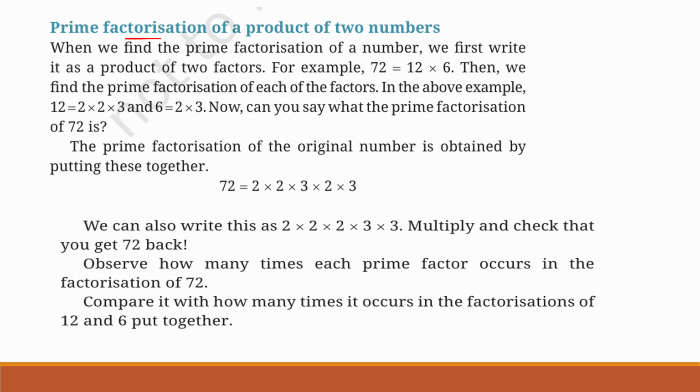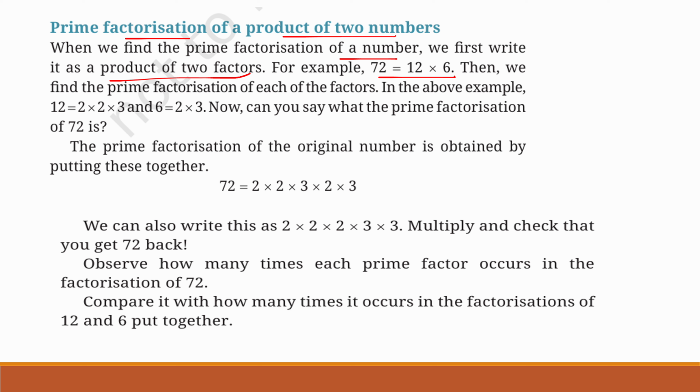Prime factorization of a product of two numbers. When we find the prime factorization of a number, we first write it as a product of two factors. For example, 72 is equal to 12 into 6.